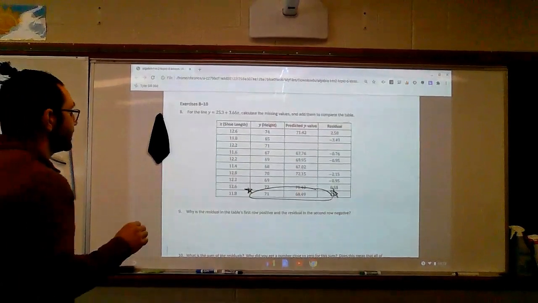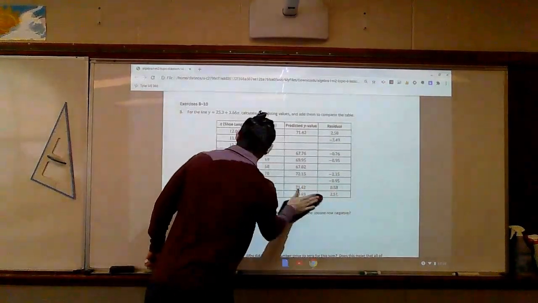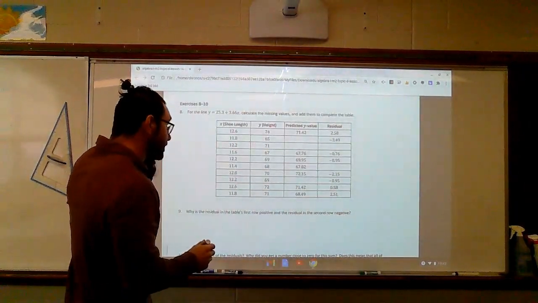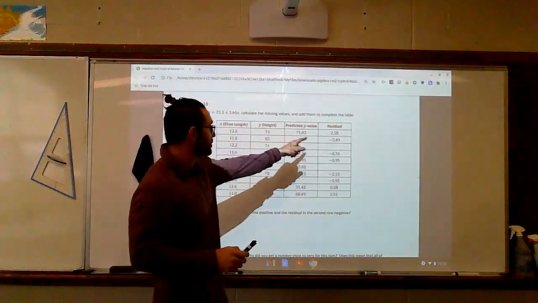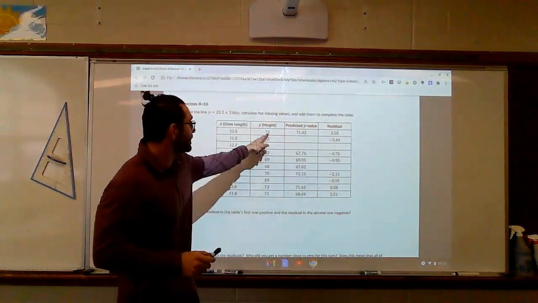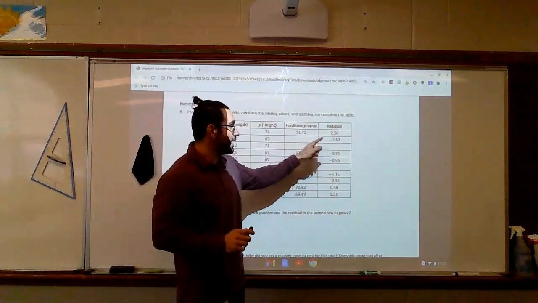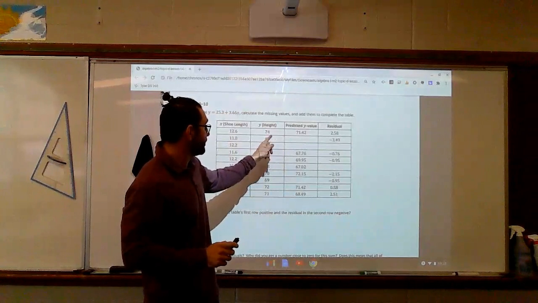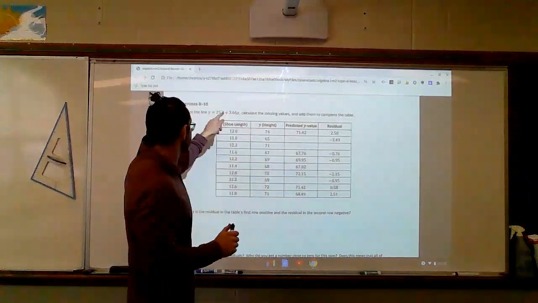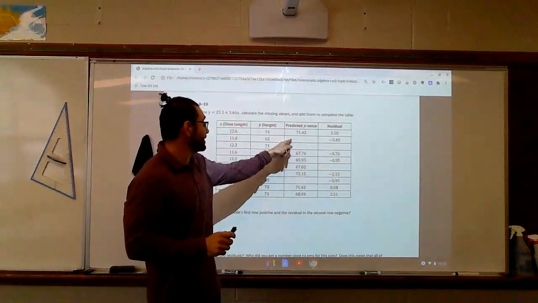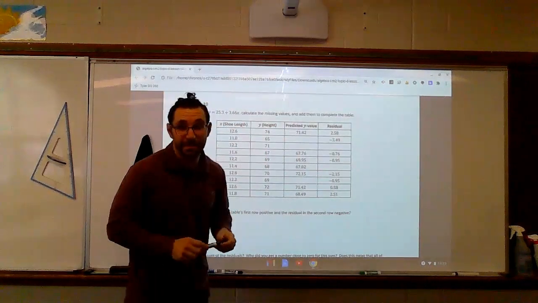So here's what happened. I'm not going to do them all. I'm going to do a couple. Just by looking at this residual, we know this is positive because his real height was bigger than the line. This one's negative because this is 65. We don't know what the predicted is yet until we substitute it in, but I can guarantee the predicted is going to be bigger than 65.